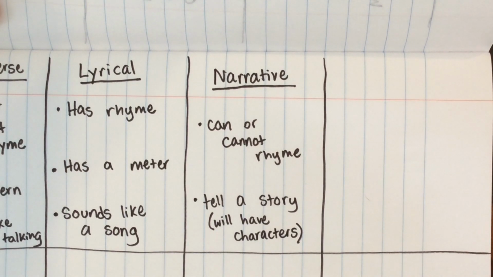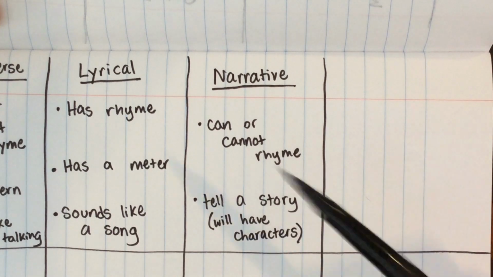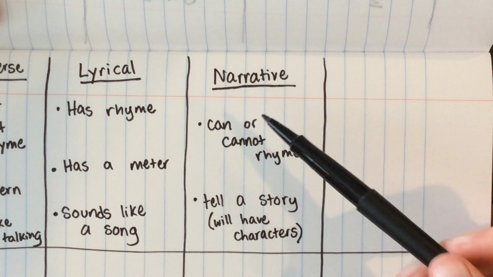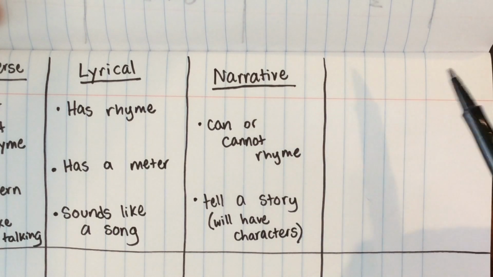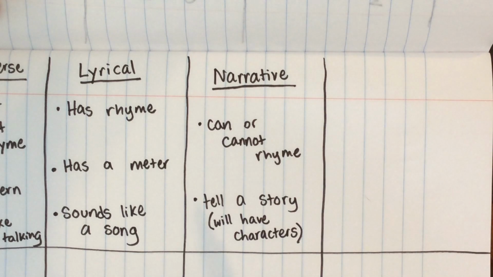So these narrative poems, going back to how I said for the lyrical, in a story, there sometimes is a narrator. Well, it's the same root word, narrator and narrative poems. So a narrative poem is going to tell a story. There's going to be a character in there. There's going to be kind of a plot that you can see. There will be a beginning, middle, and end to the poem. They also can or cannot rhyme. It just kind of depends on what the poet decides.